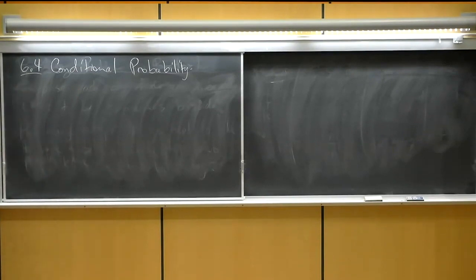The philosophy here is that suppose I'm doing an experiment and I want to know the probability of something happening. If I already have some prior information, then that can change the probability in some sense.